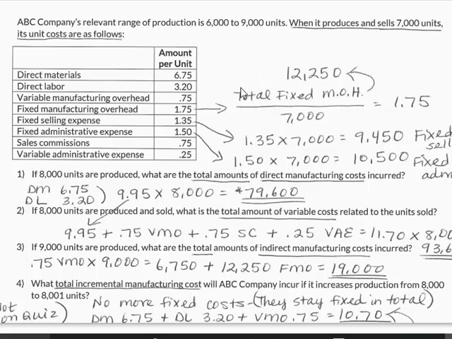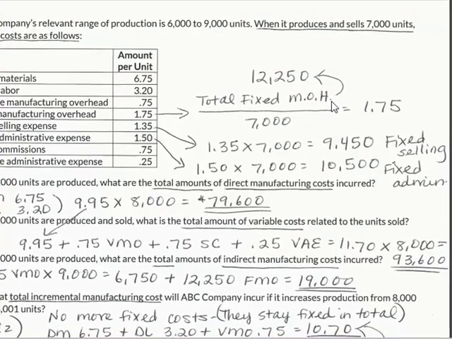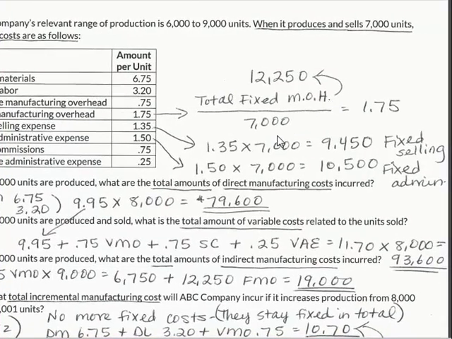So what I mean by that, let's take a look at this $1.75 amount per unit for fixed manufacturing overhead. Someone calculated this per unit amount by taking total fixed manufacturing overhead and dividing by the 7,000 unit level that this figure is based upon.